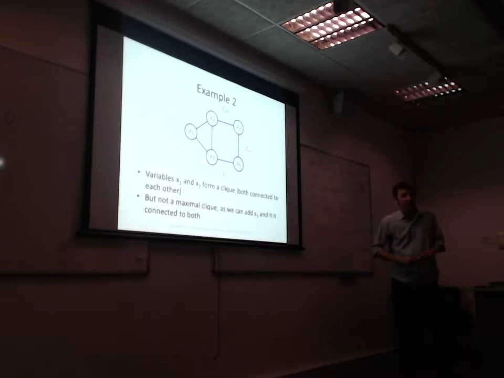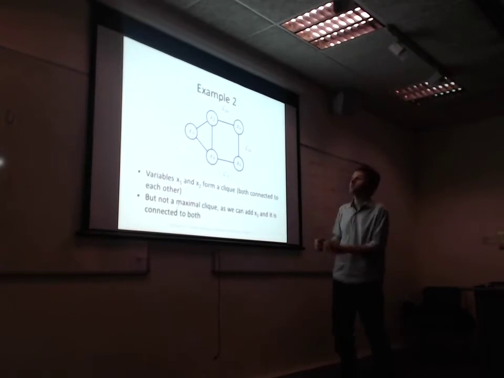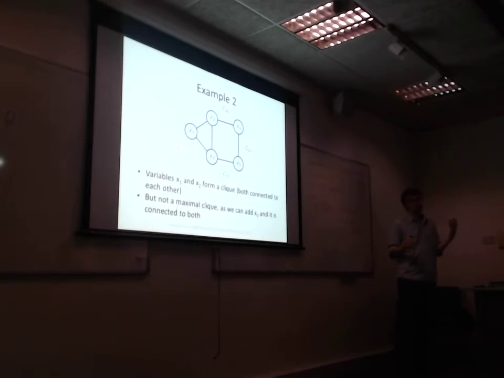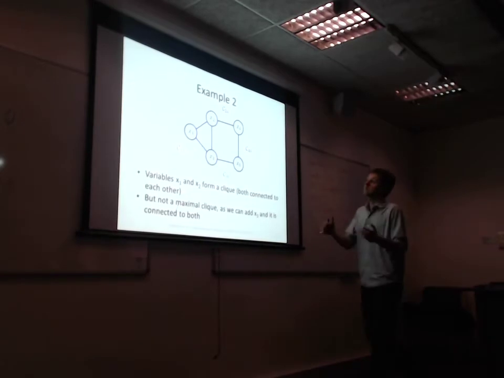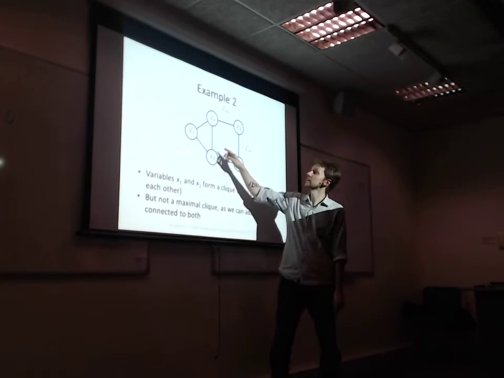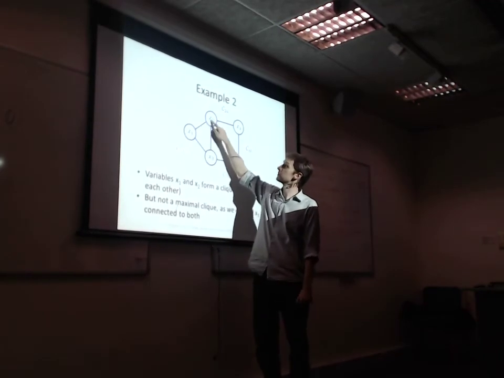Now, that was a simple graph. Now this is a more complicated graph. And this is where we're going to finally see what it means to be a clique versus a maximal clique. We can make a clique out of any 2 nodes that are connected by an edge.